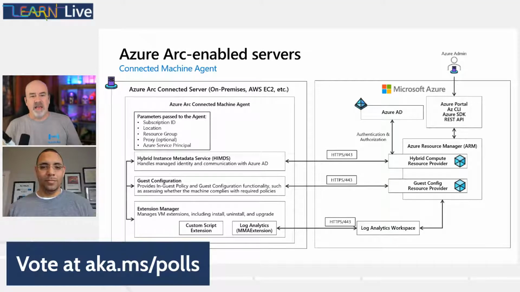And it has parameters in terms of subscription, location, resource group, whether or not you're running through a proxy, because if you're in a secured environment, you may want to go out through a proxy, but it's up to you, whether it's your Kubernetes cluster or your VMs or whatever you're managing with Arc.